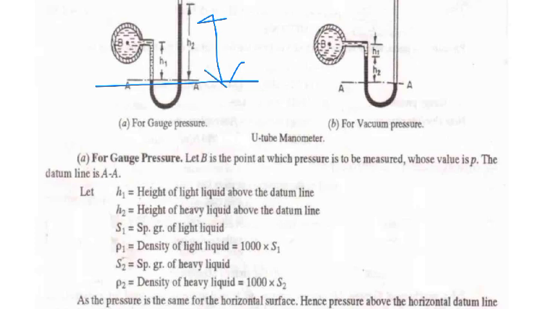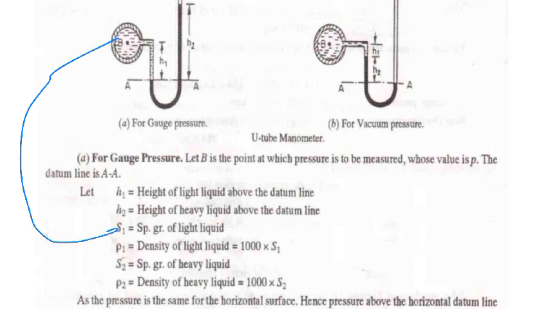So then, consider the specific gravity of the light liquid. This is the light liquid. Here we are saying this is height 1, then this is height 2. The density of the light liquid equals the specific gravity times the density of the heavy liquid.